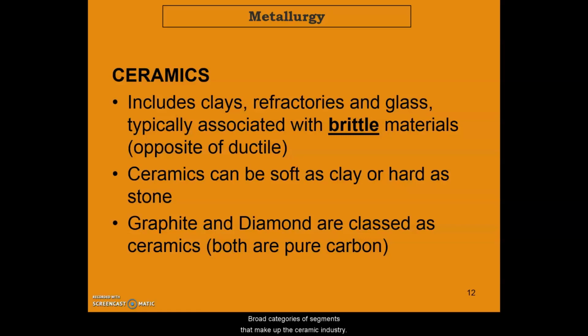The broad categories or segments that make up the ceramic industry can be classified as structural clay products, such as brick, sewer pipe, roofing and wall tile, flue linings, and materials such as that. Whitewares, which are dinnerware, floor and wall tile, electrical porcelain, and so on.